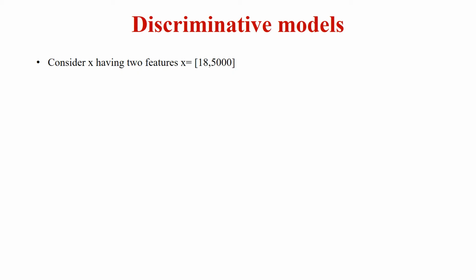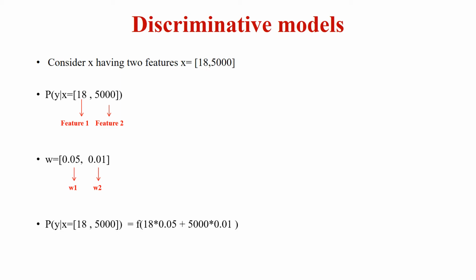Consider X having two features here, 18 and 5000. These are the two features, age and income. These are the corresponding weights for those features, 0.05 and 0.01. Generally, in case you want to compute the probability of y given x is equal to these two features, we will compute the features along with the weights.